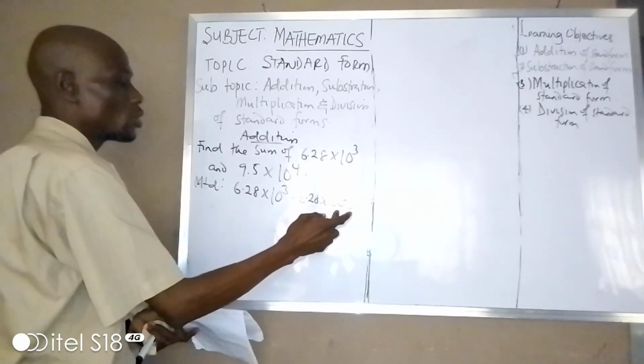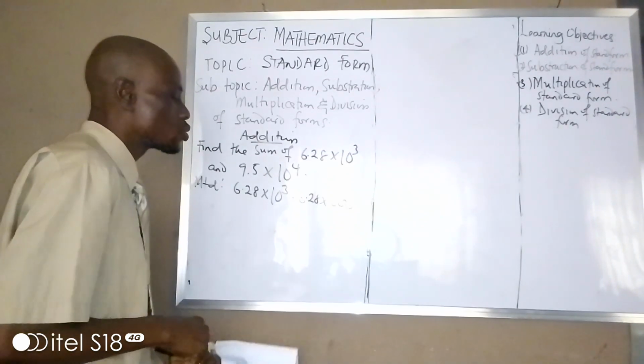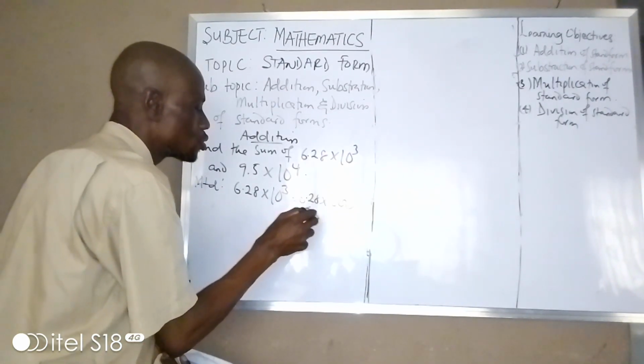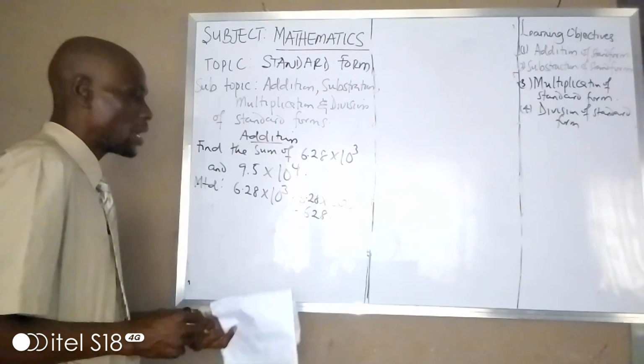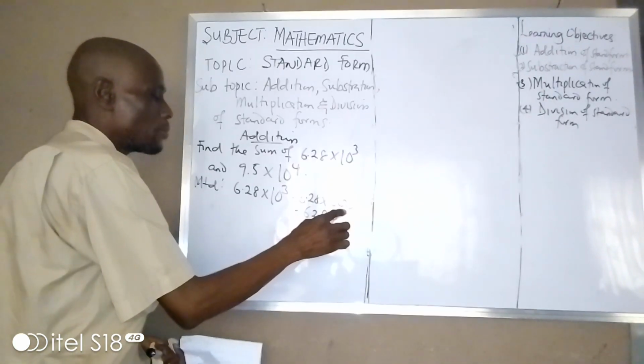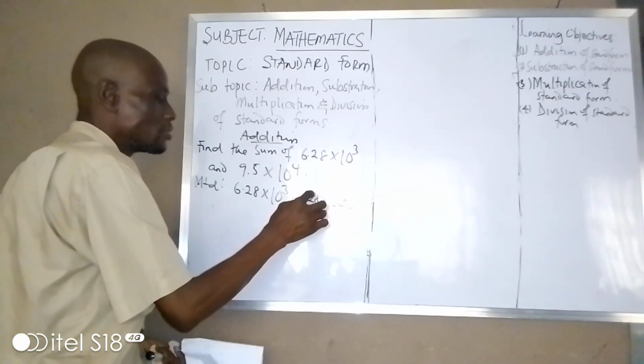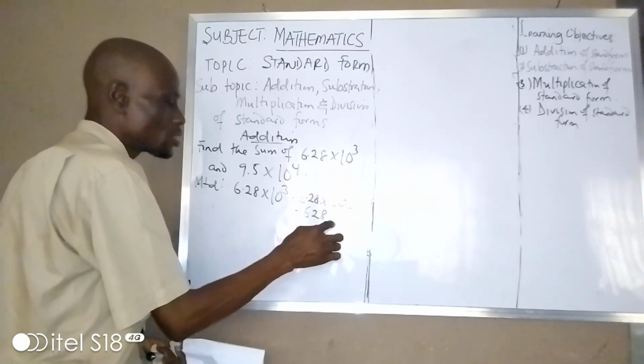Times 10 gives us 1000. So this one will give us 6280.